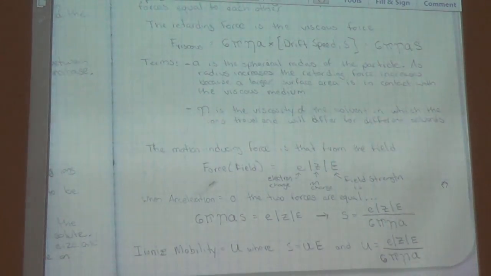If you actually look at the data on the drift speed, you'll find that the smaller sized ions actually end up traveling at slower rates than the large sized ions. And that's not what we expect.